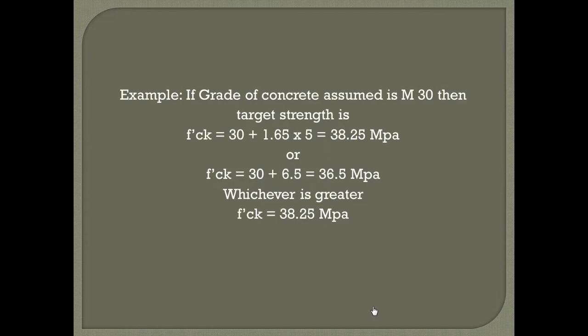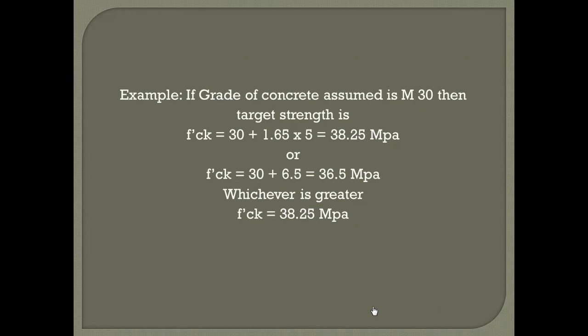Only 5% of the test results are expected to fall outside. That means if you cast 100 cubes, then 95 cubes should be in the range of 30 to 38.25. Only 5 cubes can be less than 30 Newton per mm square. So that is the target strength.